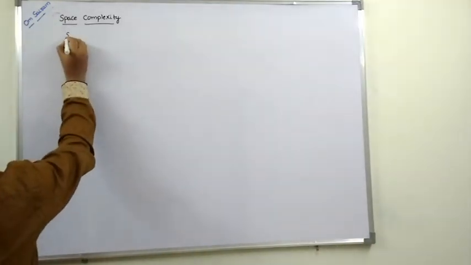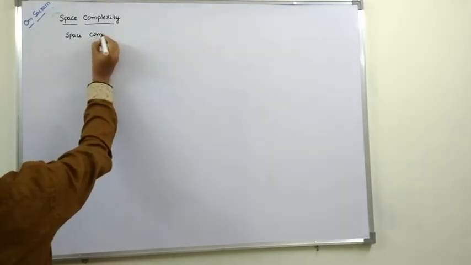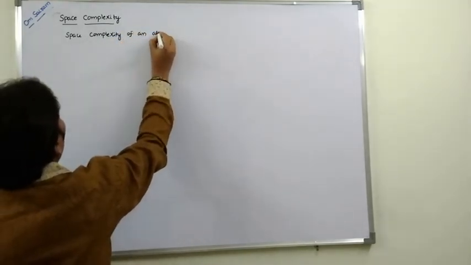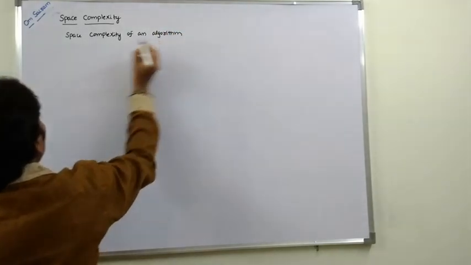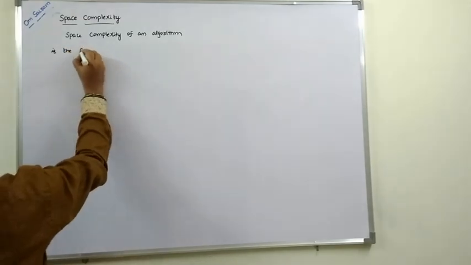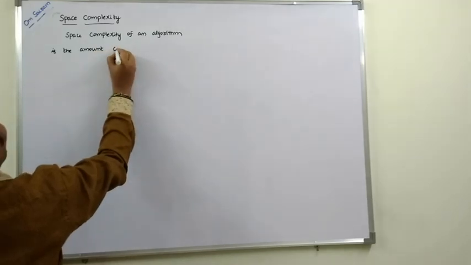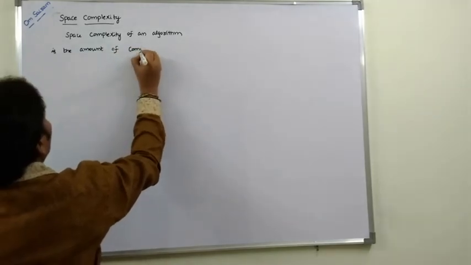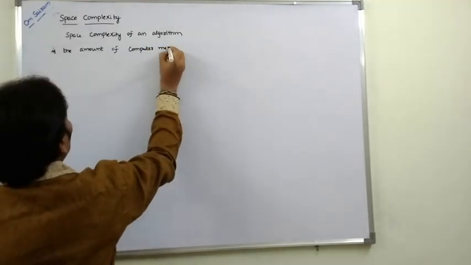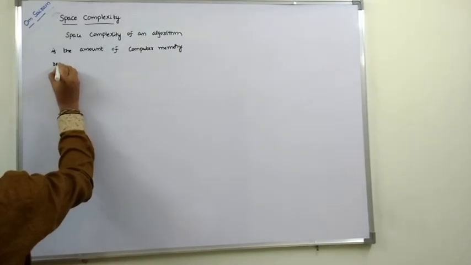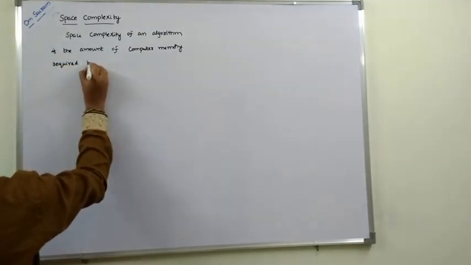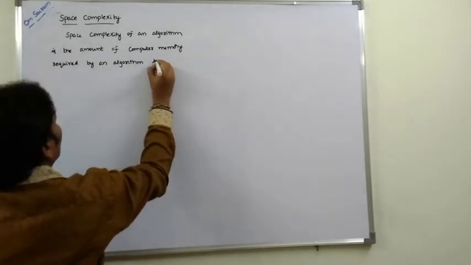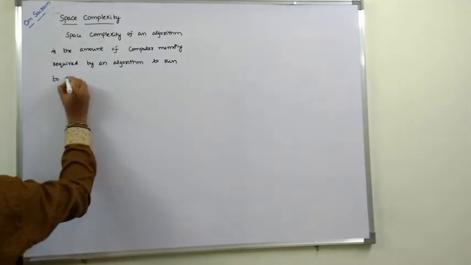So here space complexity of an algorithm is the amount of computer memory required by an algorithm to run to completion of an algorithm.